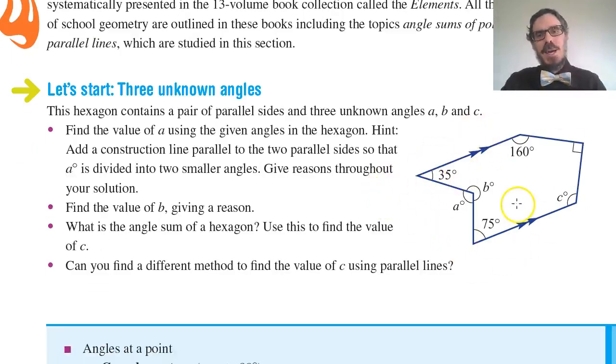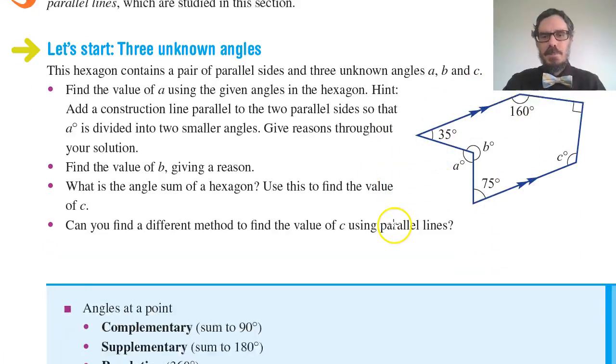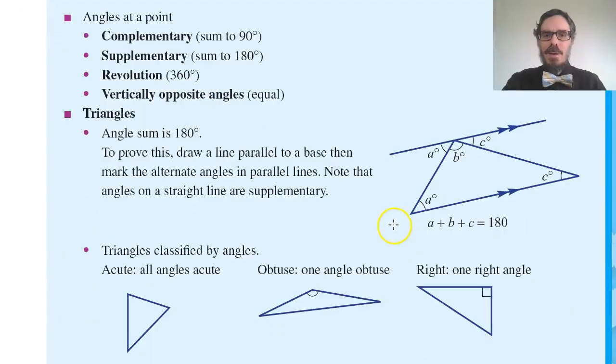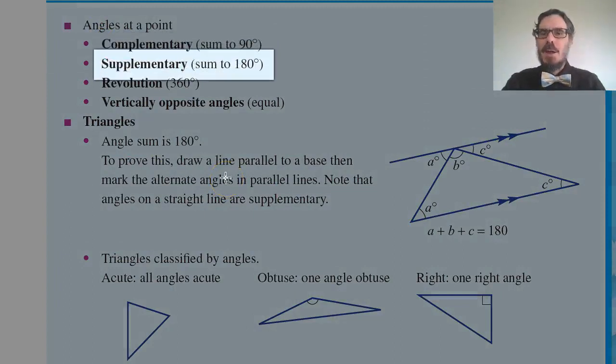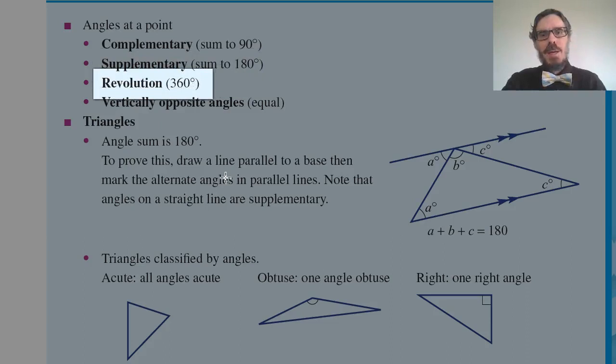This was just to get you started. Now let me run you through some of the things you have to know as foundational knowledge. Angles that are up to 90 degrees are called complementary. Angles that are up to 180 degrees are called supplementary. Angles at a point that make a full circle, a full revolution, are up to 360.